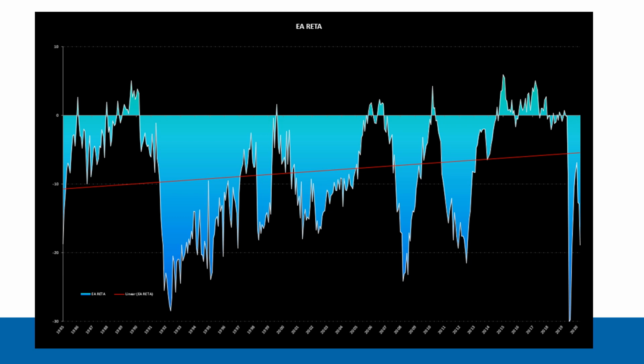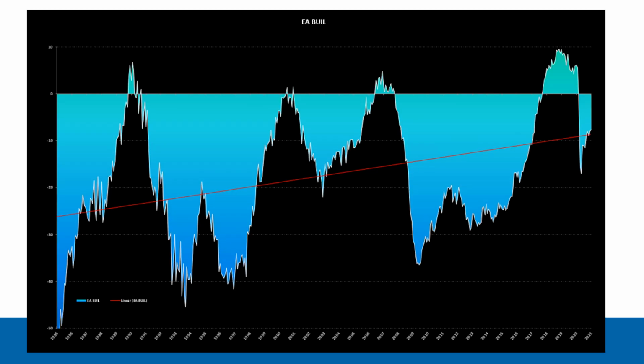Next up is our construction sector. And again, mostly in the negative for the entire 35 or so year data set history, only on a few occasions. So in the 2015 to 2019 period we've been looking at, you can see from 2017 to 2019 that there's a positive period.